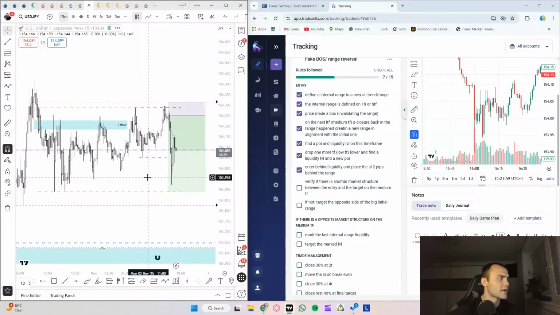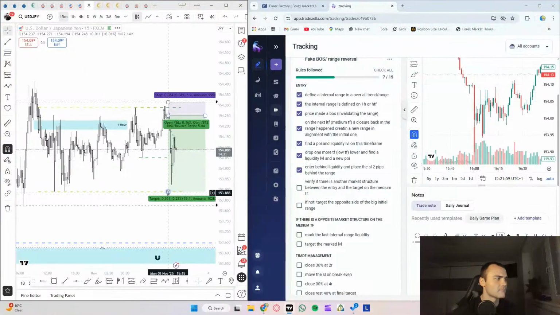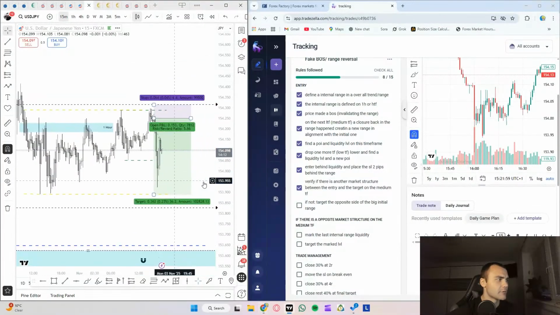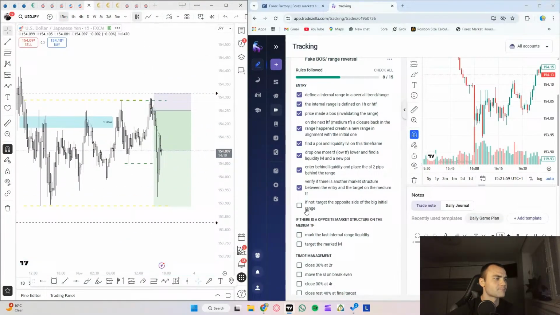I should have been targeting, okay, if there is not a target opposite of the initial internal range, like this low, right? Like I verified if there is opposite market structure, and it is on the medium time frame, which is 50 minutes at this moment, right?